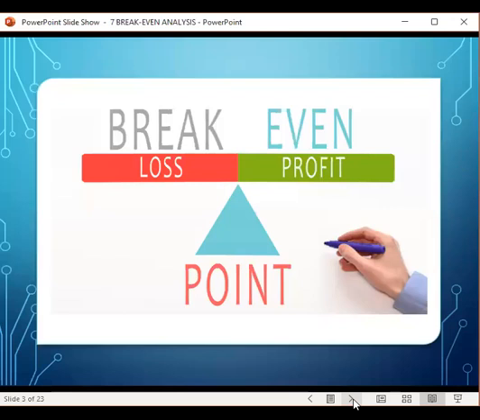As you can see in this illustration, the break-even point is the midpoint between the loss and the profit, meaning there is no loss and there is no profit. That's the break-even. In a certain buying and selling situation, we will reach a point of a break-even.